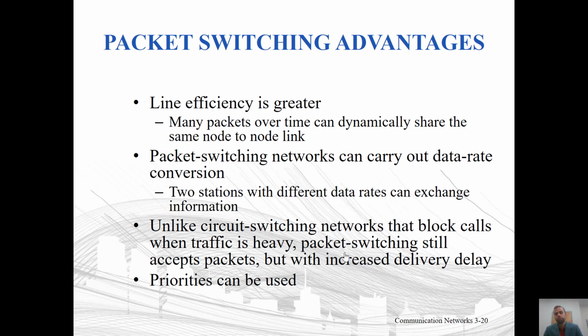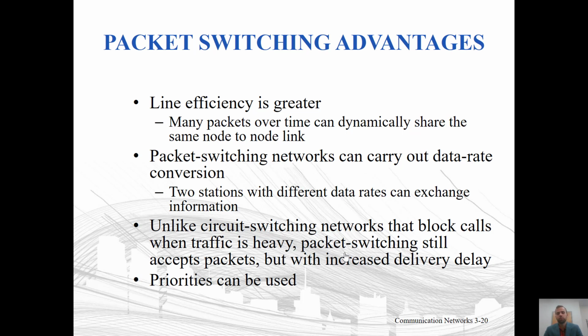And unlike circuit switching networks that block calls when traffic is heavy, packet switching still accepts the packets, but increases the delivery delay. It will essentially buffer the information and introduce some latency, but at least the packets get through, rather than in the olden days where we had a busy signal, for instance.